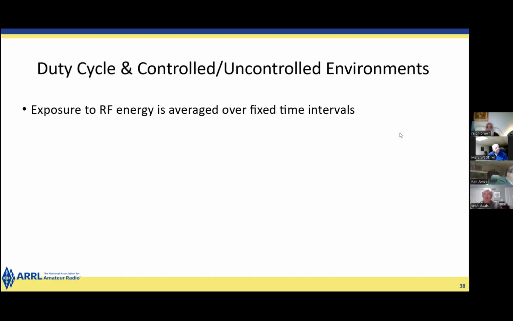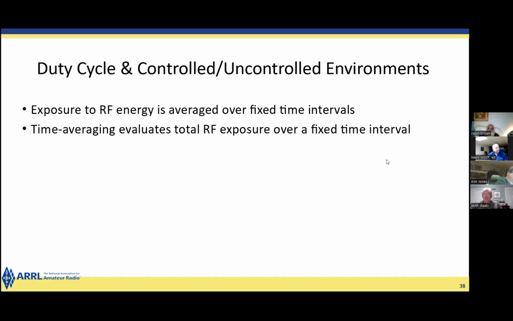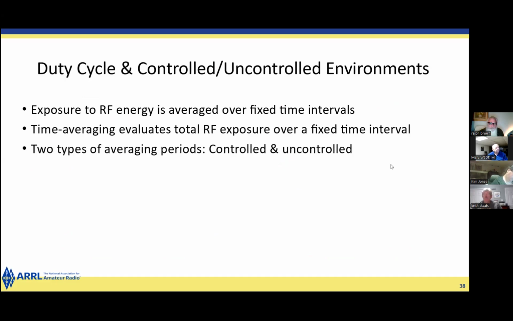So exposure to RF energy is averaged over fixed time intervals. And time averaging evaluates total RF exposure over fixed time intervals also. So you've got two types of averaging periods: controlled and uncontrolled.